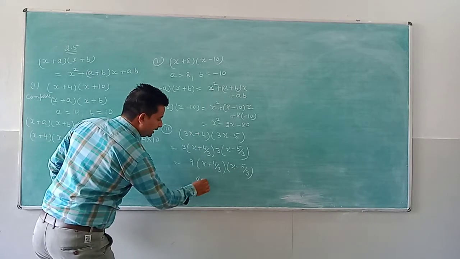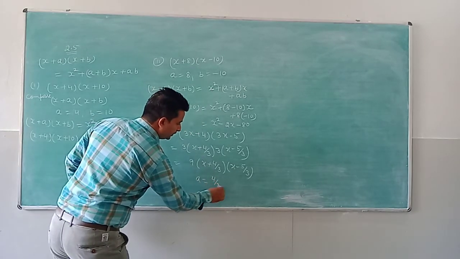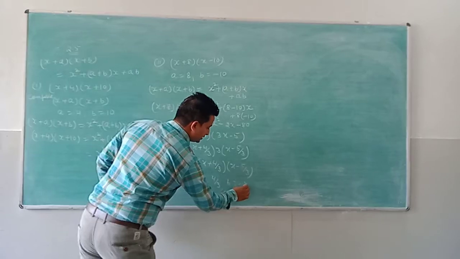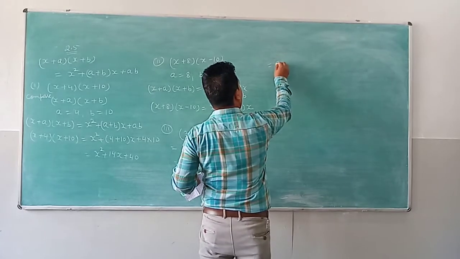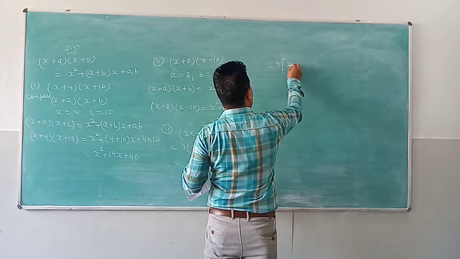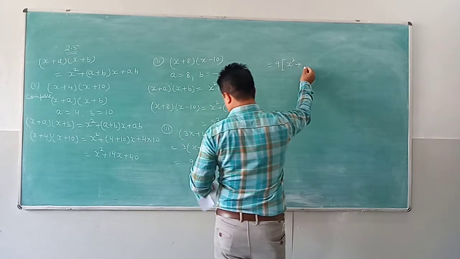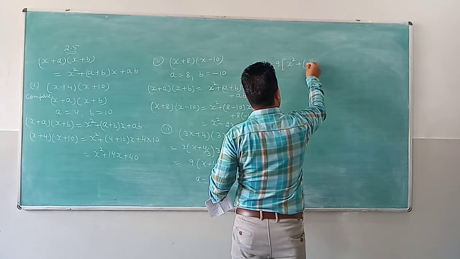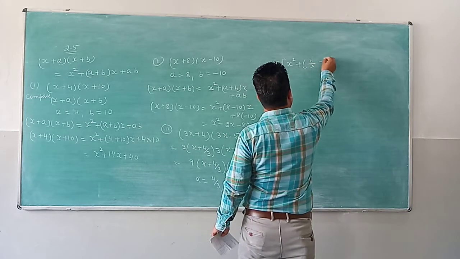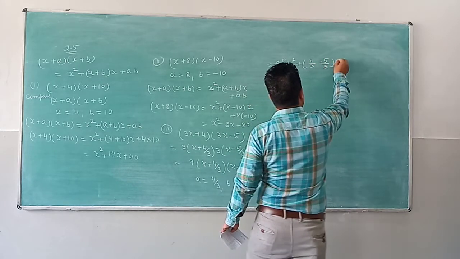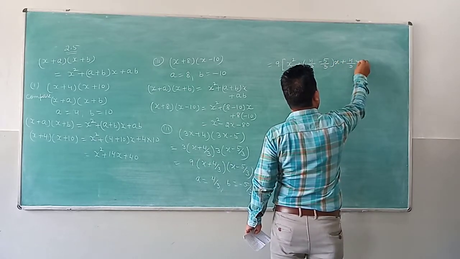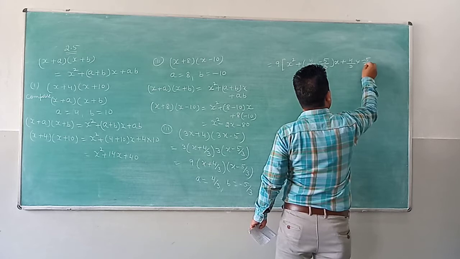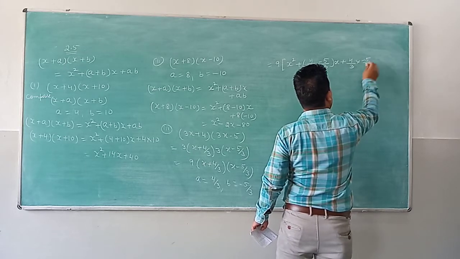In this, a is 4/3, b is 5/3. So this becomes 9 times the identity x² + (a + b)x + ab. This is the product.